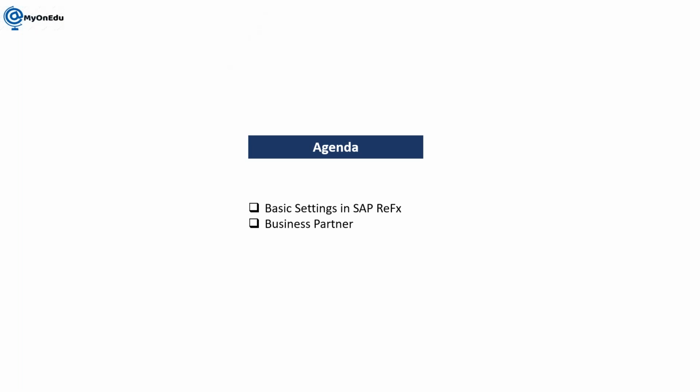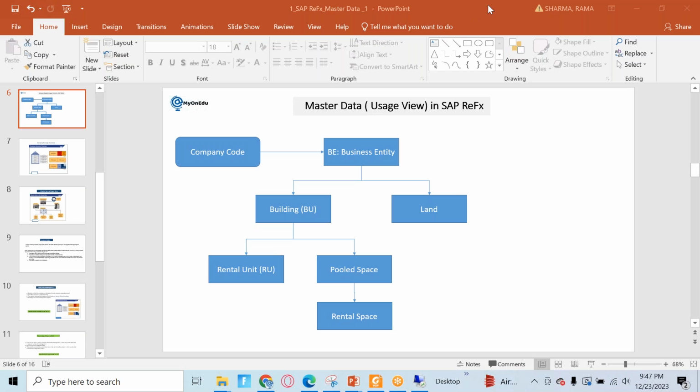So when we are creating master data, that is my rental units. A rental unit we can create directly. Pooled space we can create, and then we can extract rental space from it.